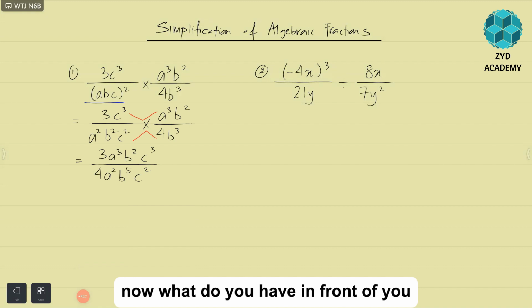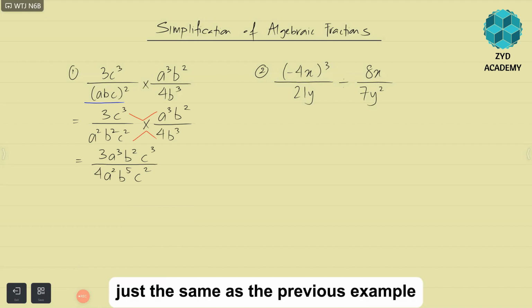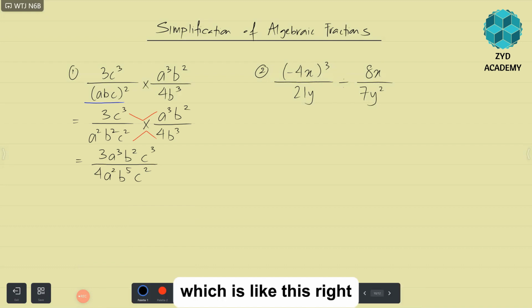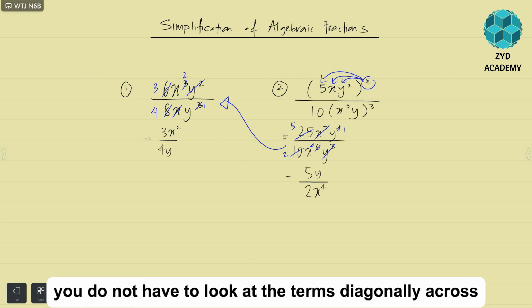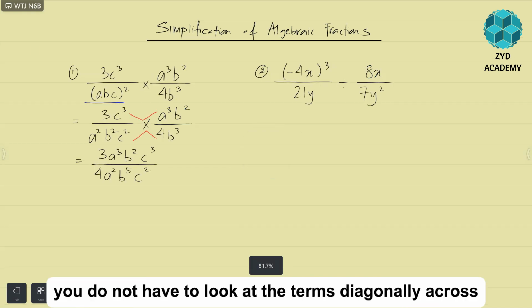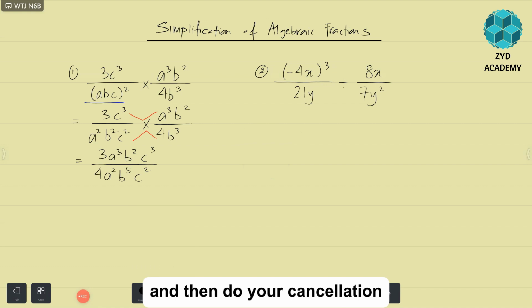Now, what you have in front of you is just one single fraction, just the same as the previous example. You do not have to look at the terms diagonally across and so on. So just focus on one single fraction and then do your cancellation.